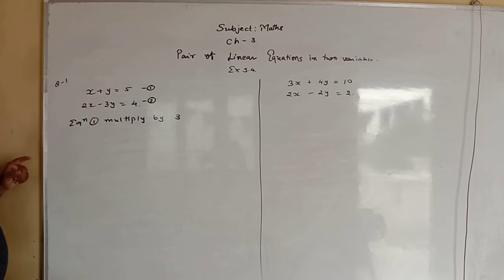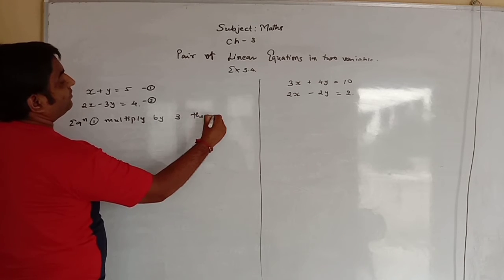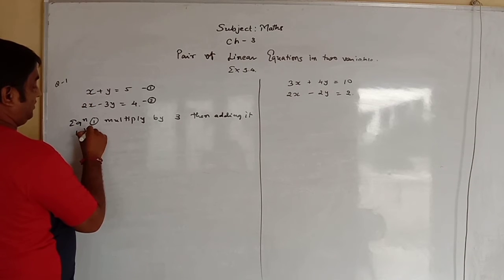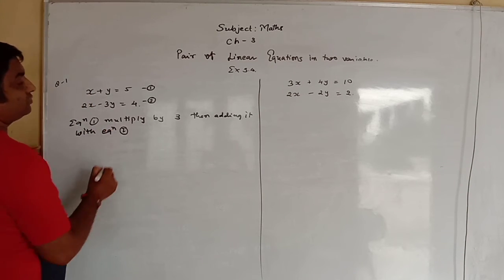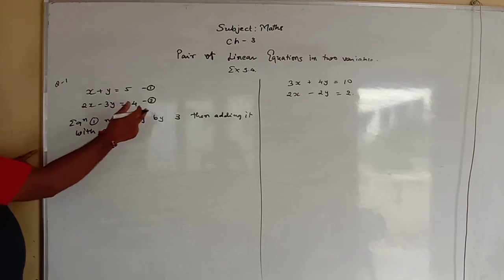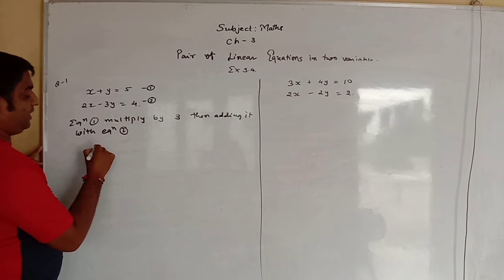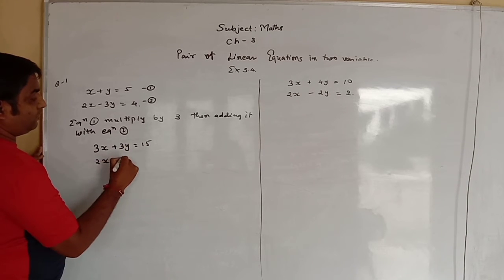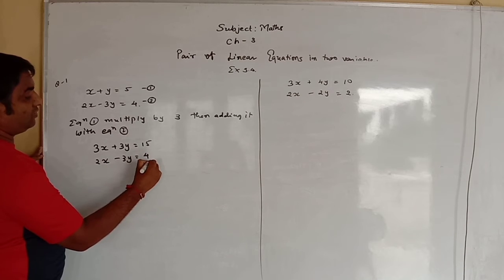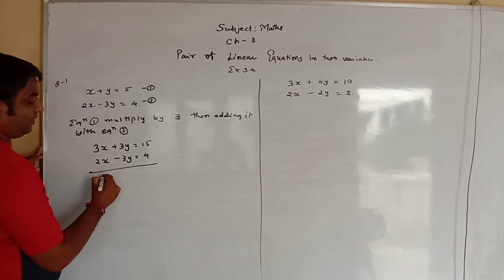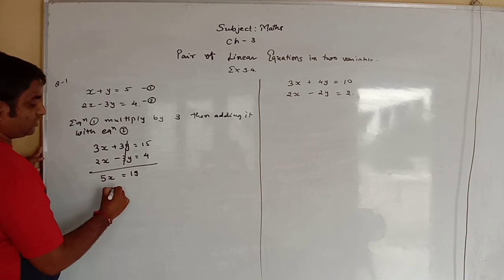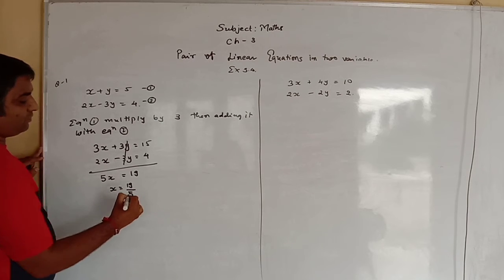Now we can see the y variable signs are opposite to each other, and so we add it with equation 2. So equation 1 multiplied by 3 gives 3x plus 3y equals 15, and 2x minus 3y equals 4. Here we add them, then 3 plus 2 is 5x, 3y and 3y cancel, equals 19. So x equals 19 by 5.